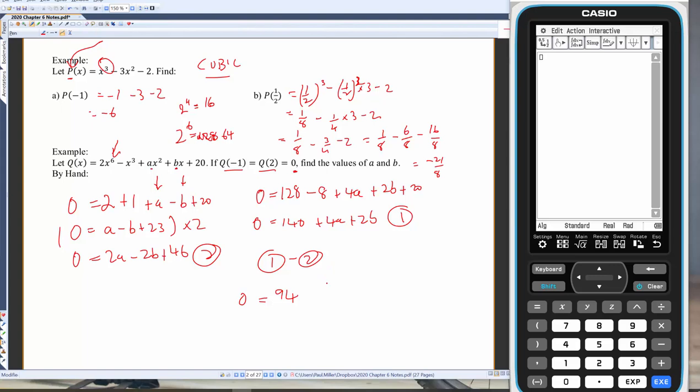So it's good that I talk this through. So subtraction here, I'm trying to eliminate b, and subtraction is not going to eliminate it. Okay, so this should be 1 plus 2. All right, so forget 94. Let's add them together.